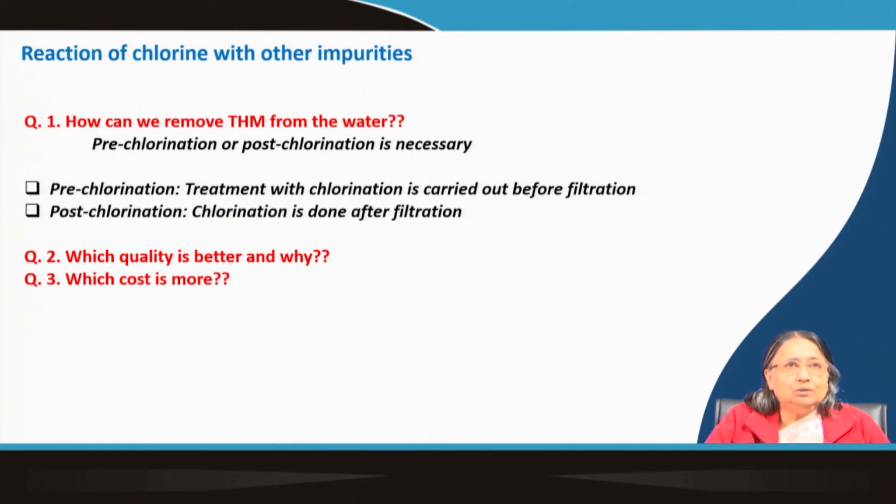So, in the first case the cost will be more, because more chlorine is required. And what about the quality? Which quality is better and why? This is also important. Think about it. Which quality will be better, from pre-chlorination or post-chlorination? Think about it.